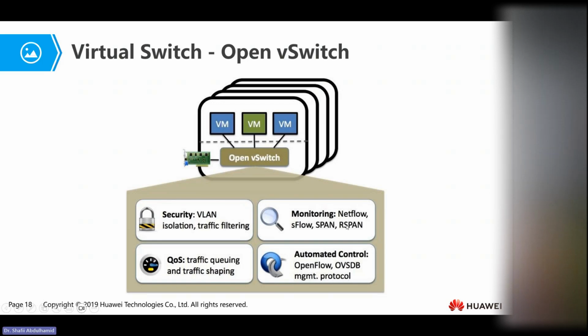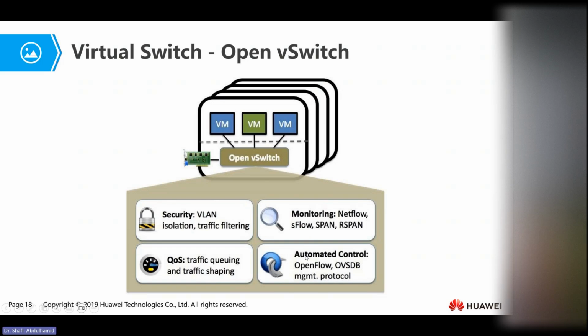It can provide monitoring like NetFlow, sFlow, SPAN, and RSPAN. It can also provide quality of service, QoS. Quality of service has to do with how the network traffic is queued and received, and also shaping the traffic.